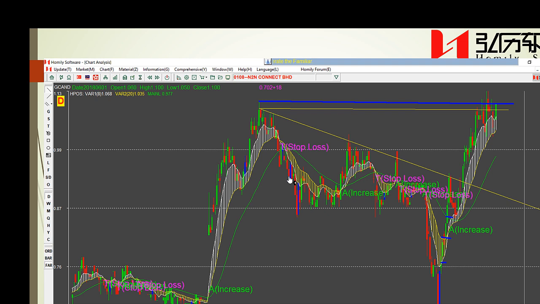So it means it can get support from the white band. So we can buy it before the bottom catch signal appears, right? So we can buy it at this day, when the bottom catch signal appears.